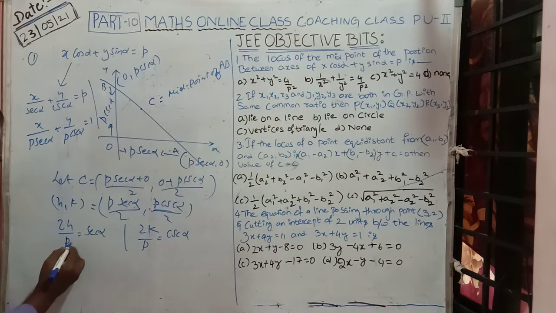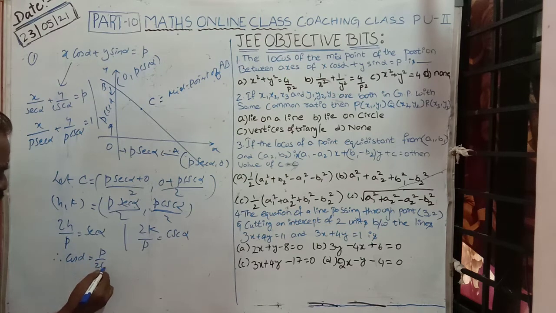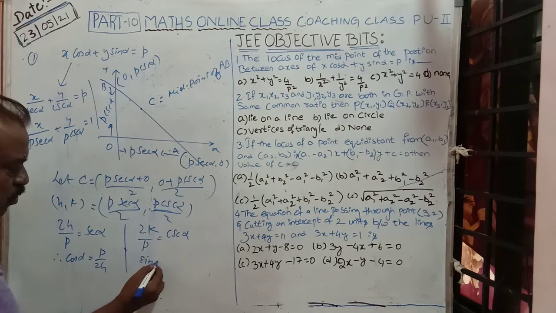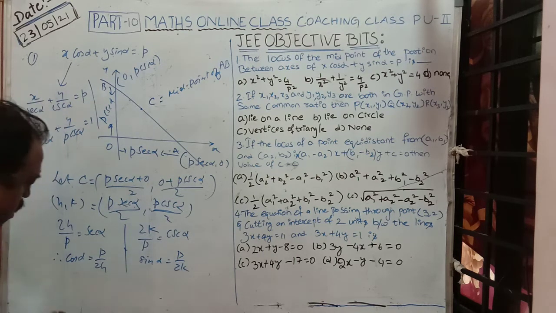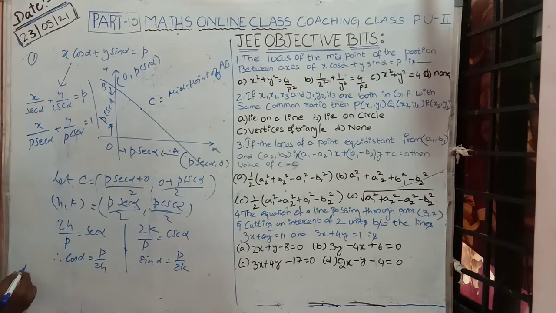Here you take the reciprocal. Therefore, cos alpha is equal to p by 2h, the reciprocal. Here also sin alpha is equal to p by 2k. But as we know, sin square alpha plus cos square alpha is equal to 1.